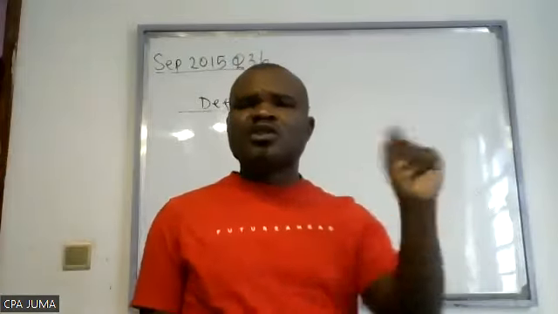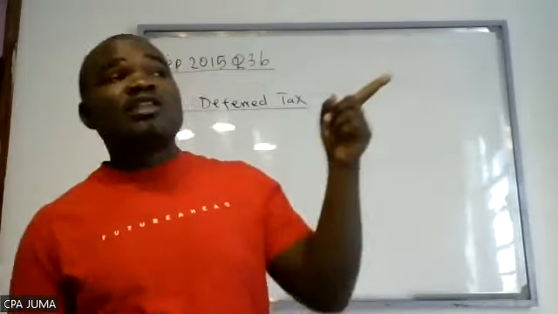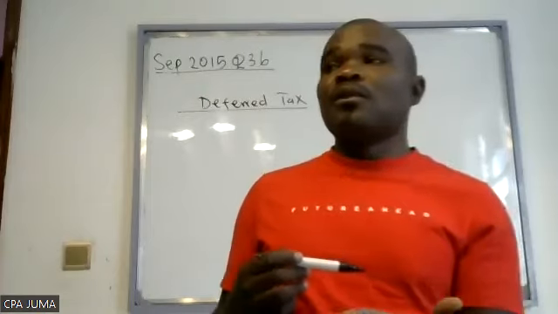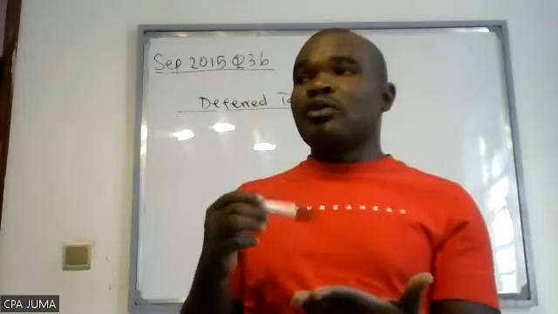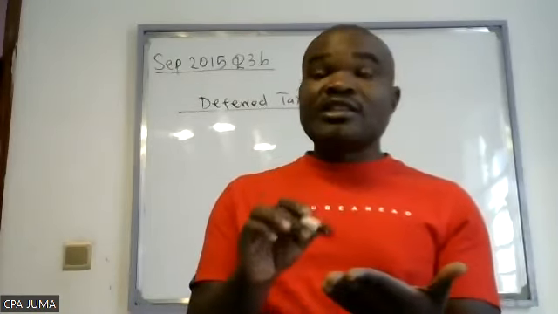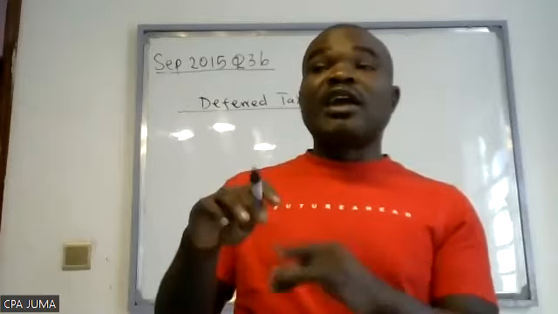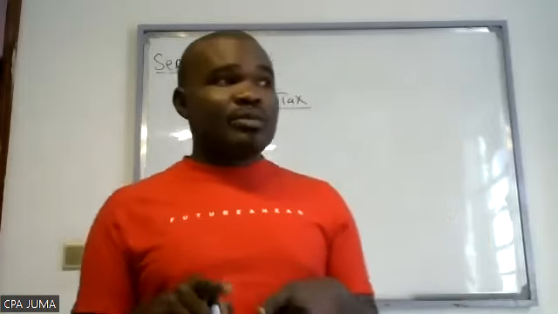Which tax do you pay for this vehicle? Advance tax. You will still pay advance tax to the government. These people normally assess tax based on the tonnage and even the capacity of those matatus. So whether it is old or new, you will pay your tax.